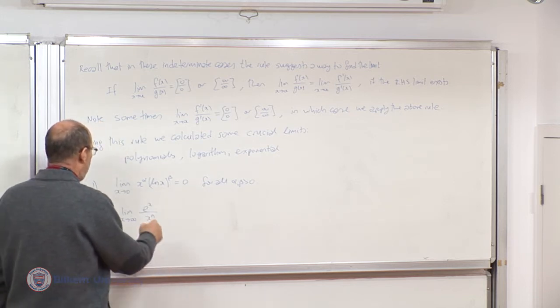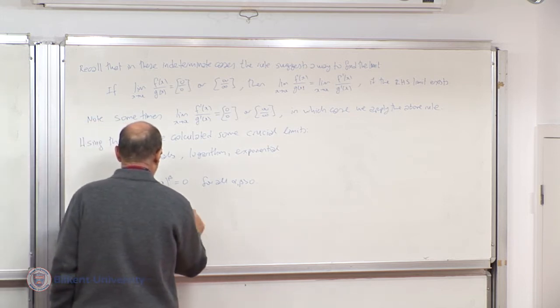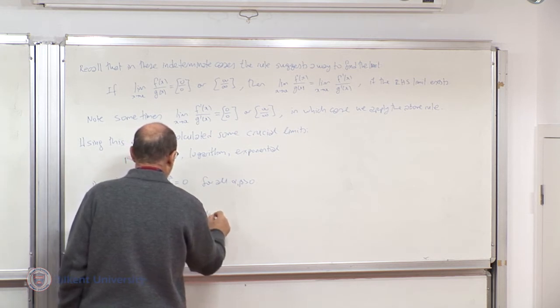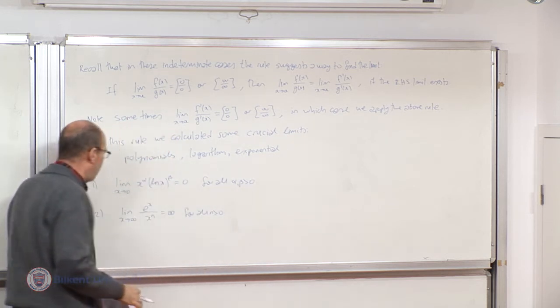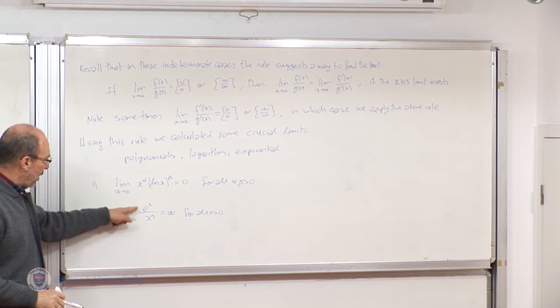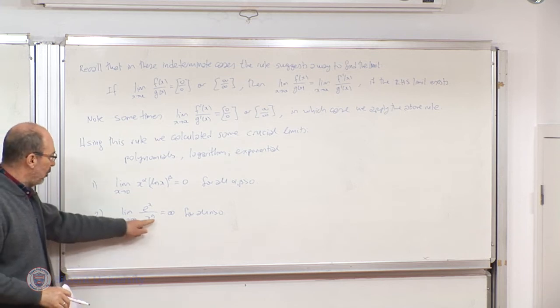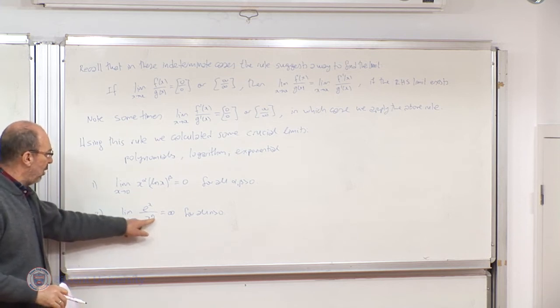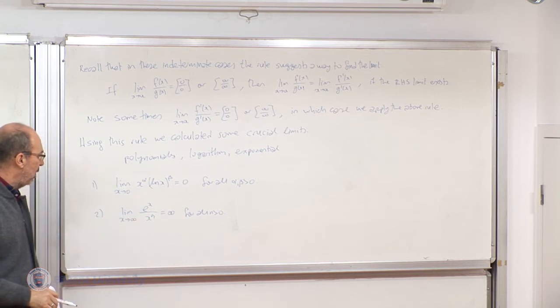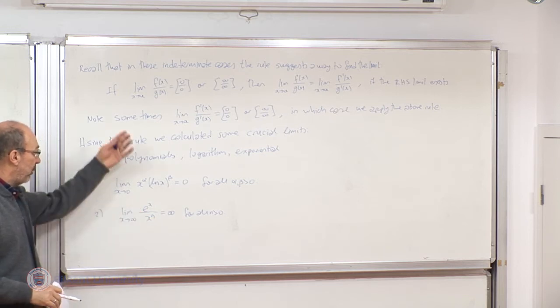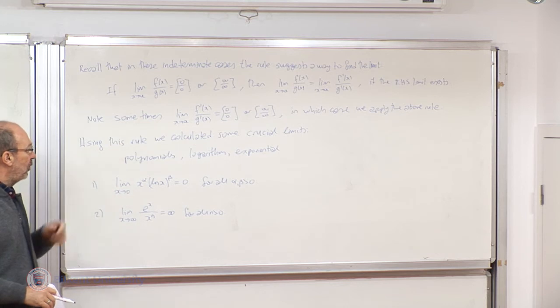Okay, so this is equal to infinite for all n positive. This one says let's go to infinite, and 1 over this says let's go to 0. They are fighting. So no matter how large you make this n, this guy will win because of L'Hopital's rule.